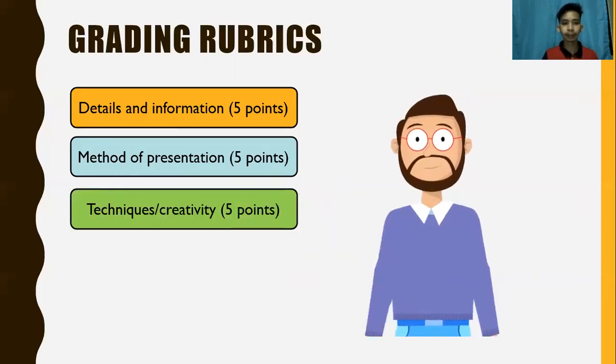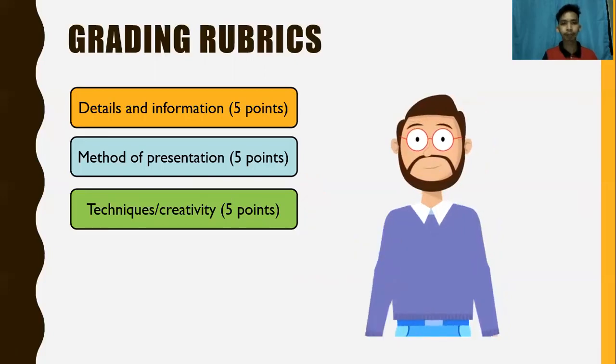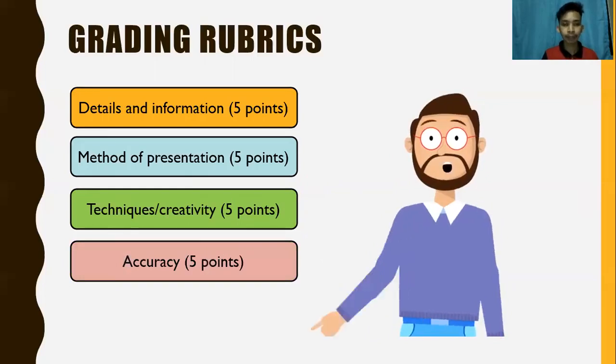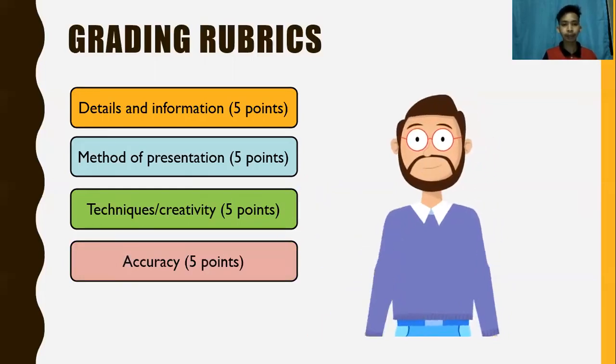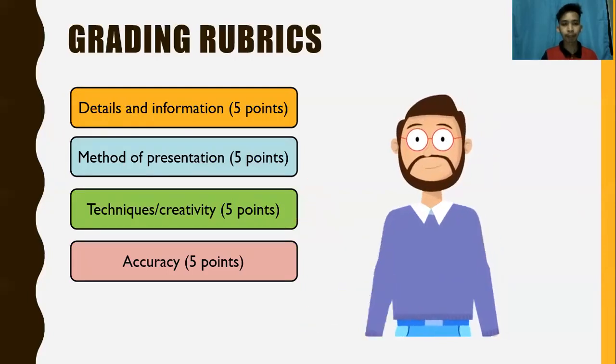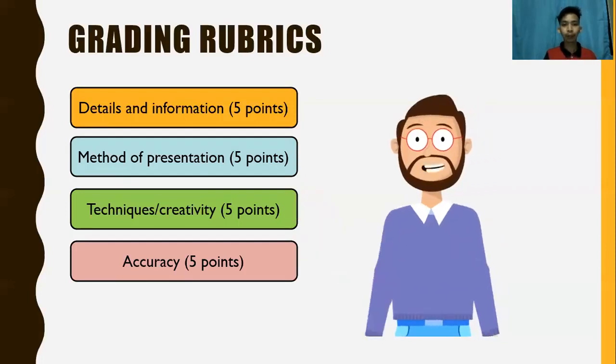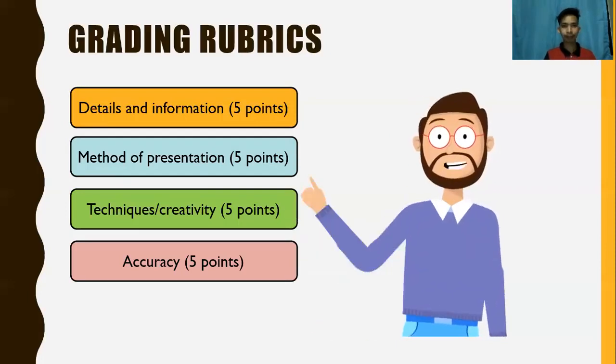And the third one, we have techniques and creativity. Another 5 points for this criteria. The last criteria will be accuracy. Another 5 points for this criteria. For this particular activity, we have a total of 20 points.